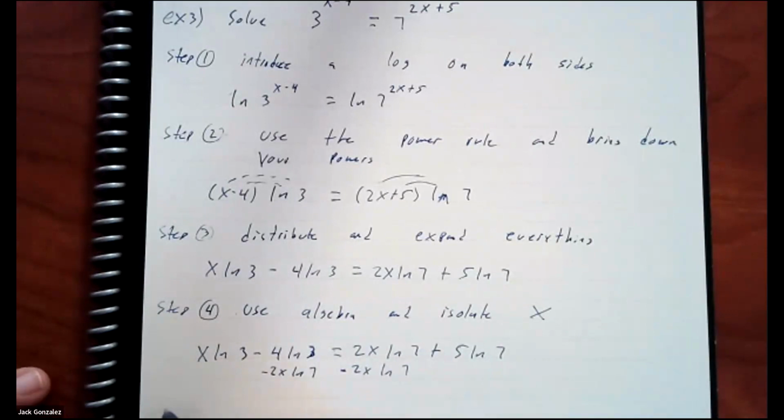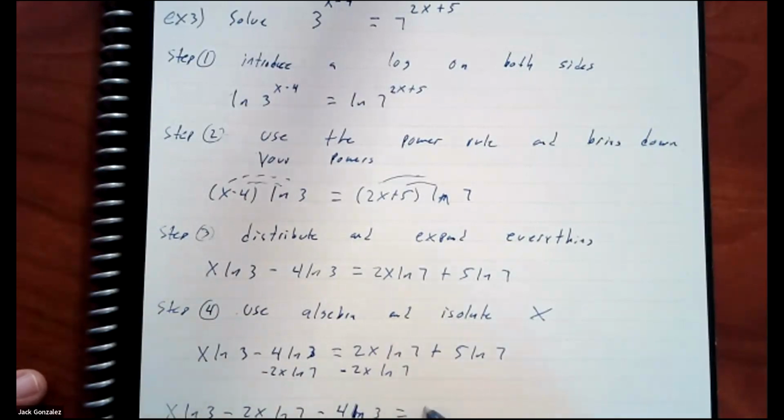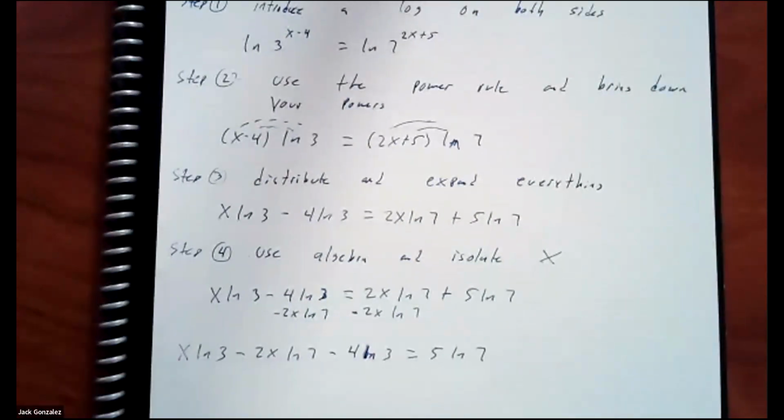So we'll get x ln 3 minus 2x ln 7 minus 4 ln 3 equal to 5 ln 7. If you want to do two steps at once, feel free. No, I'm doing one at a time.